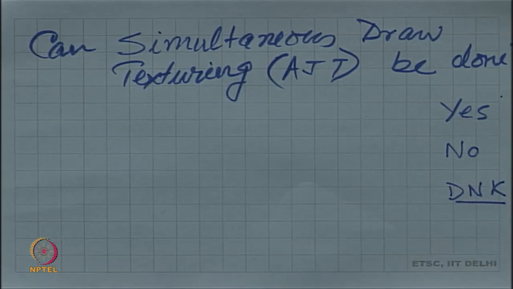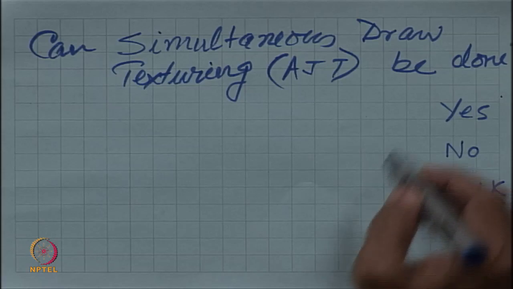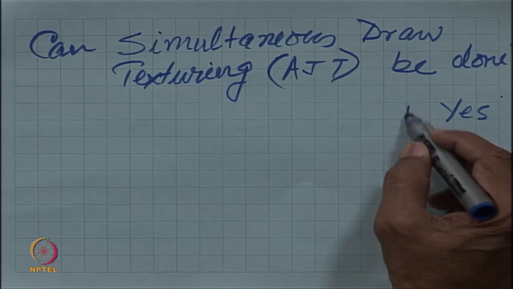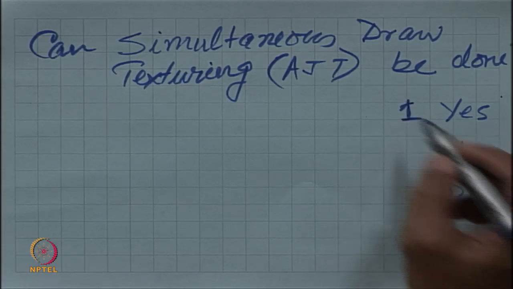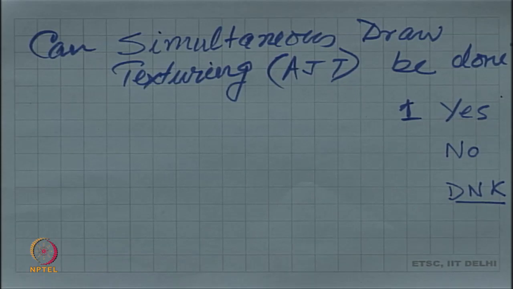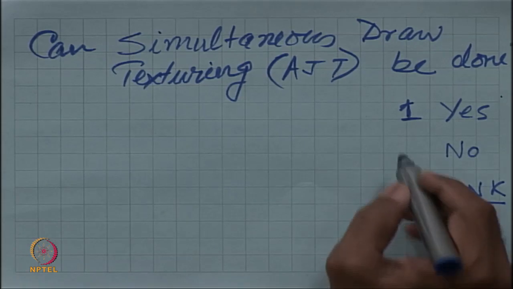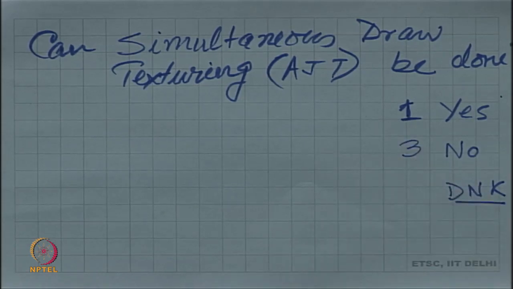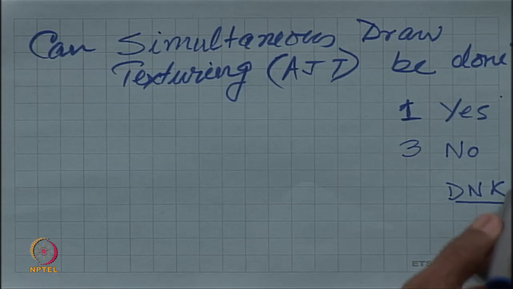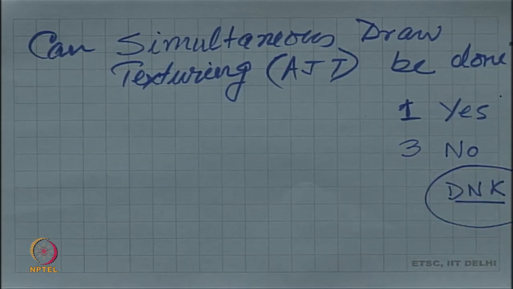So, how many people believe that it can be done, which is yes? So, we have at least one person saying that. How many people believe that it is no? So, after all the hard work, we have about 3 people who think it cannot be done, and the others obviously are in this range because the class is pretty big.